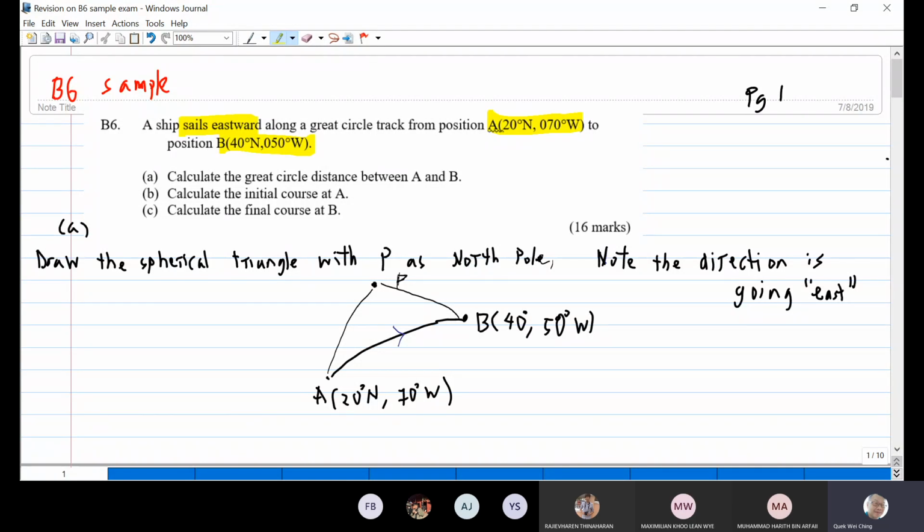You set up a point called the North Pole, usually called P. The ship sails from A to B, and you know the positions, 20° north and 40° north. So 40° north is higher, right? This is 40° north here. I forgot to write it down. So this is 40° north.